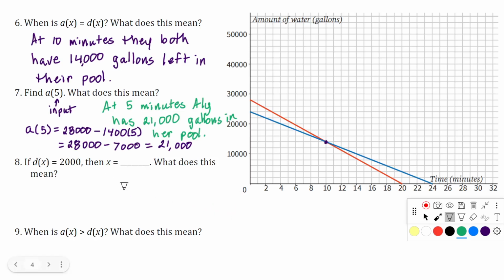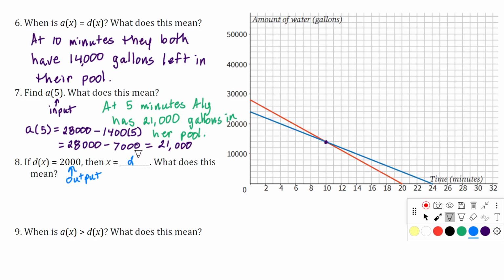If D of x equals 2,000, in this case, 2,000 is an output, so we want to look at the vertical axis at 2,000, then x equals, and we're looking for Dane, so we're looking at the blue line. If I look at the graph, here's my output of 2,000, occurs at time 22.